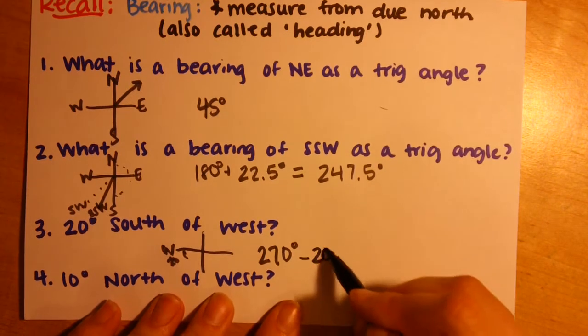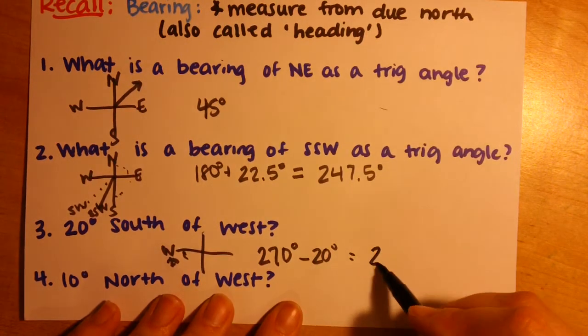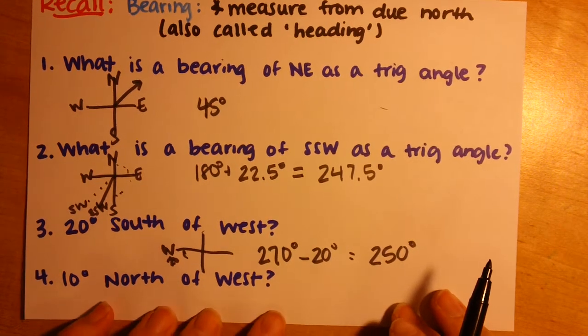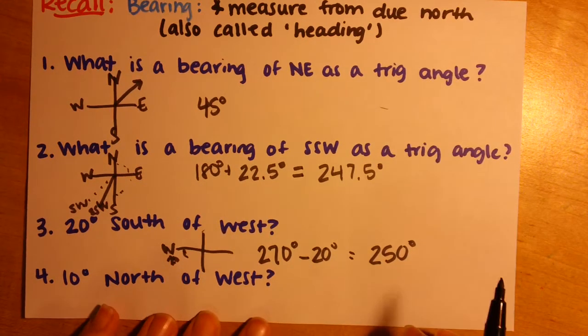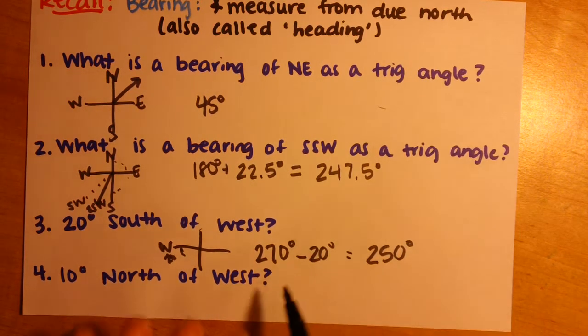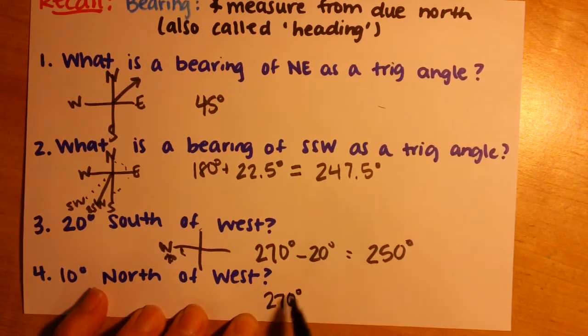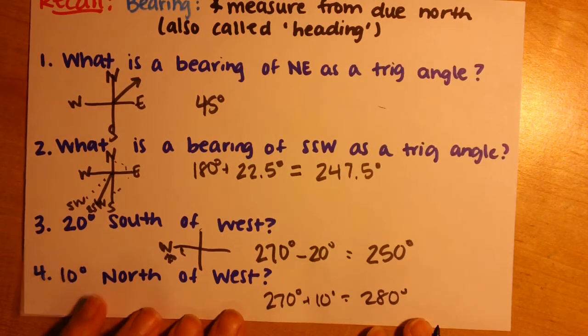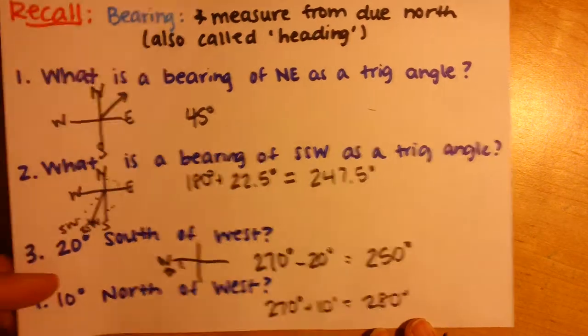We can subtract 20. Okay? And if we want to go 10 degrees north of west, it's a little bit different. You do 270 degrees and we go 10 degrees north of that. So you want to practice some of these on your own to make sure you can convert. Okay?